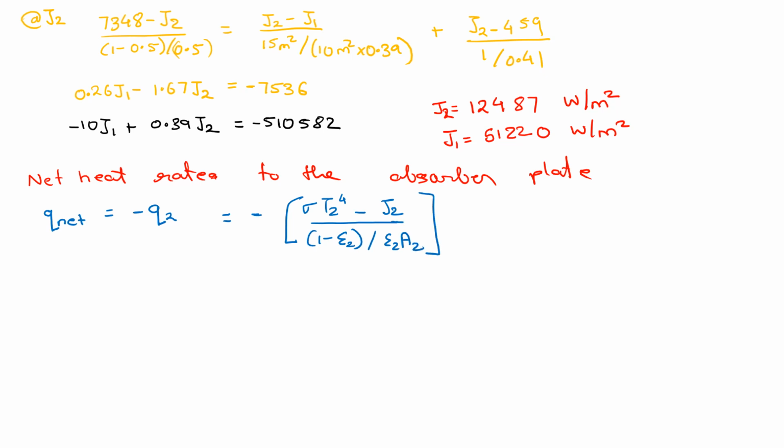So that's the potential: the potential due to emissive power, the potential due to radiosity, divided by the surface resistance.